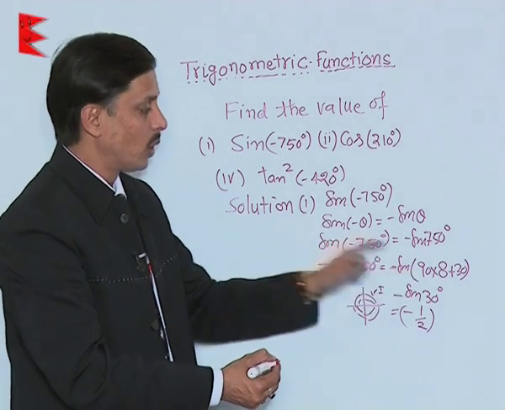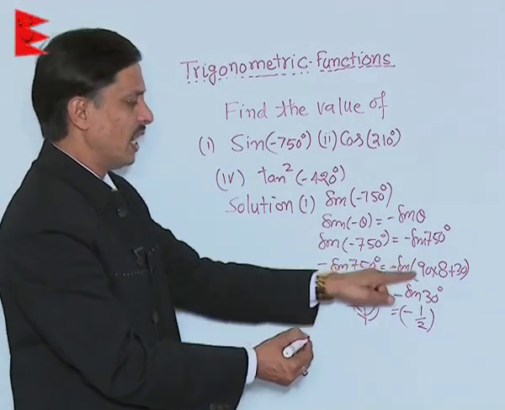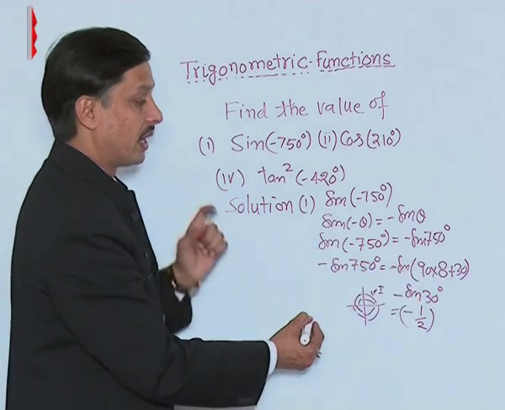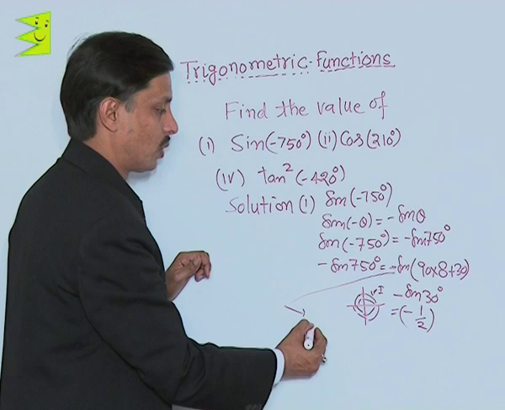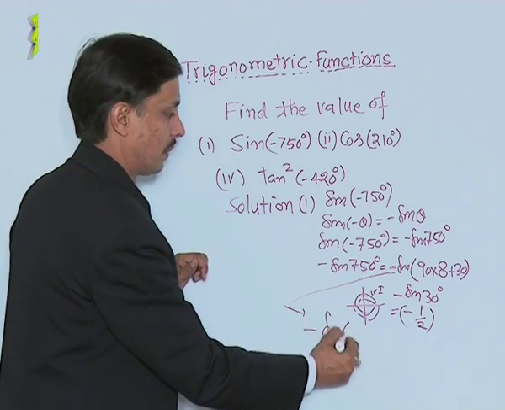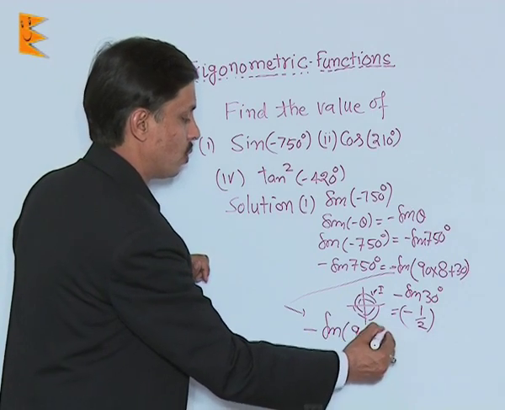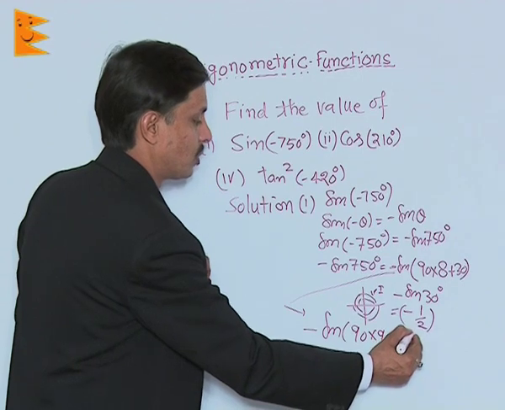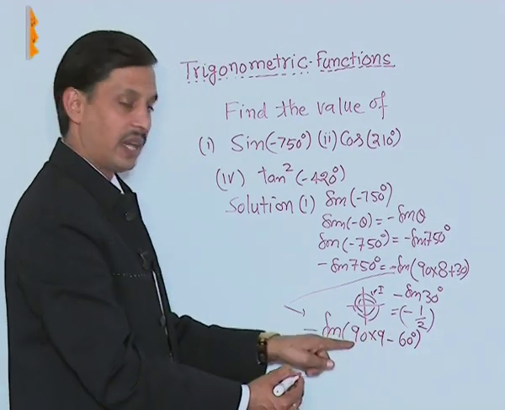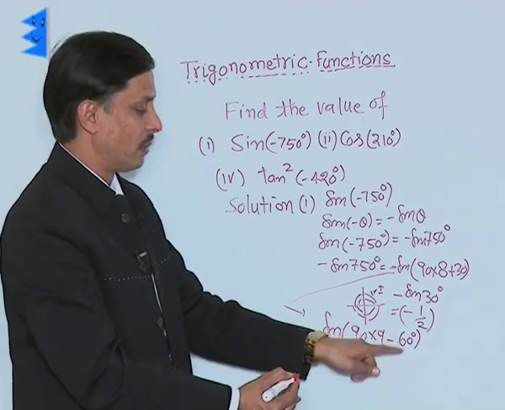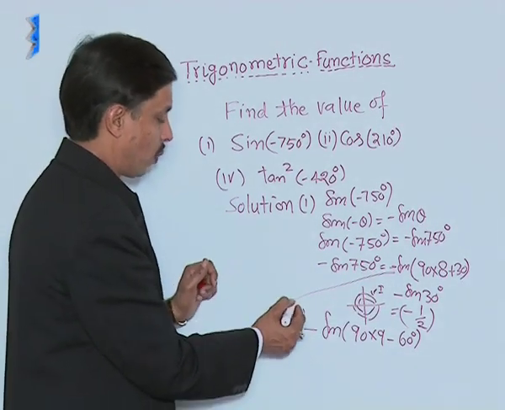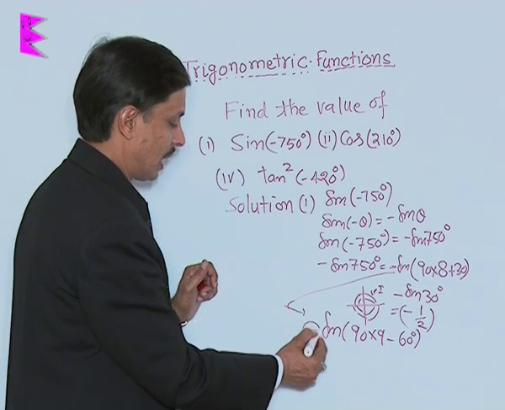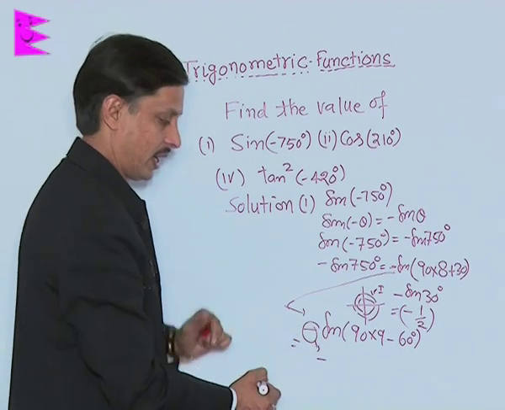The same I can also explain here: in place of taking 8, I can take 9. So the question converts to minus of sine of 90 into 9 minus 60. 9 nines are 81, 810 degree minus 60 degree is 750 degree. But in this situation, the negative I am not going to rule out, it will remain negative.